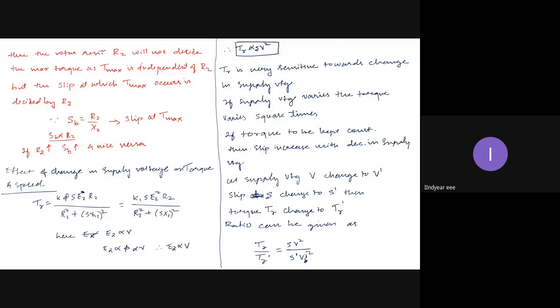Therefore slip varies. So the variation in this slip in the controller mechanism, they are balancing in such a way that always the load torque is remaining constant. The load torque is not changing. Therefore, the speed is not changing. Getting my point?